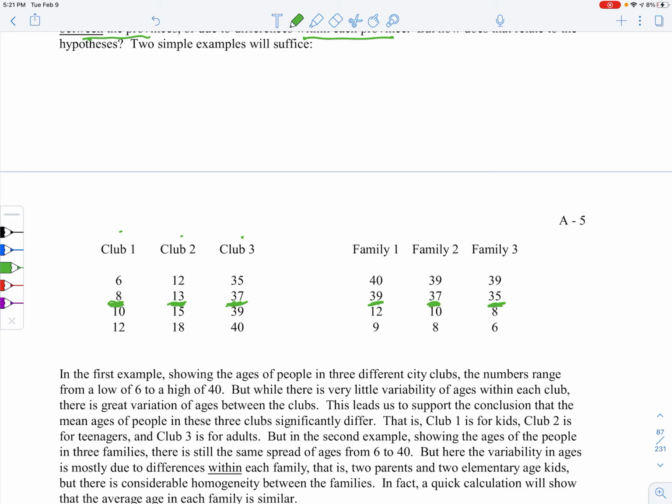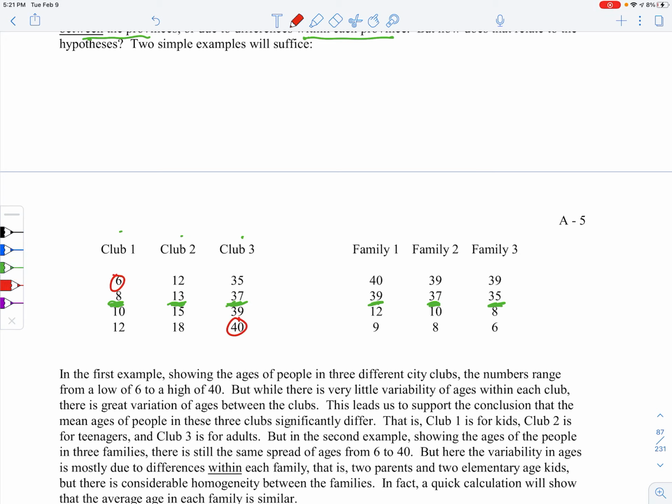Now, getting back to the whole question of variability, you've got numbers that run, in this case, from 6 up to 40, and I've got different numbers in each of these 2 examples, but the same lower and upper bound. In the clubs example, the question is, where's the variability? Is the variability between the clubs or within the clubs?